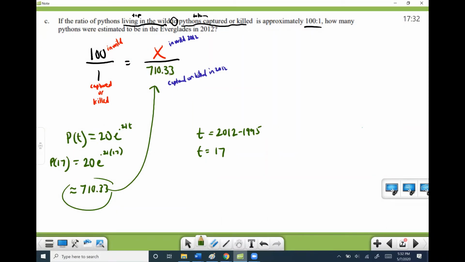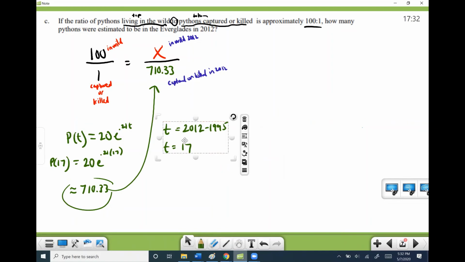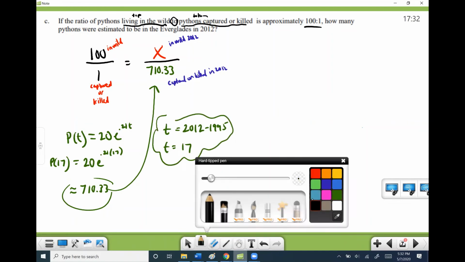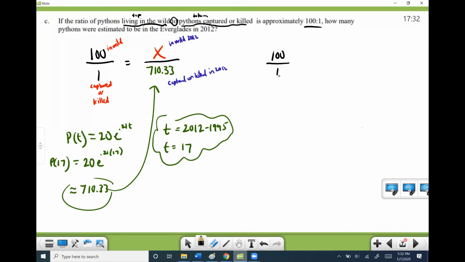Now we just have to solve this proportion. We have to remind ourselves how to solve a proportion. If you have 100 over 1 equals x over 710.33. Wouldn't it be 711 because we can't get 0.33 captured? I'm just not rounding.